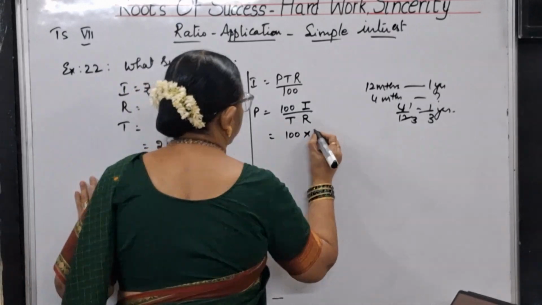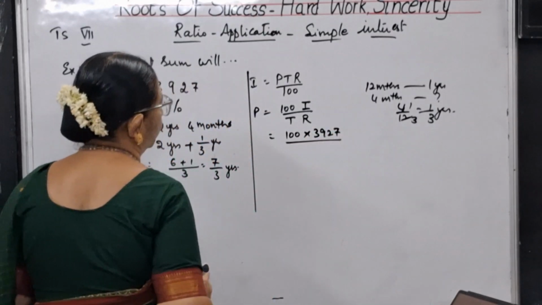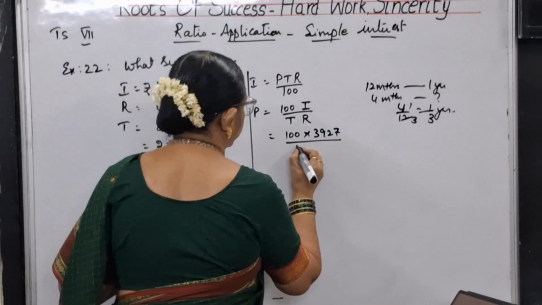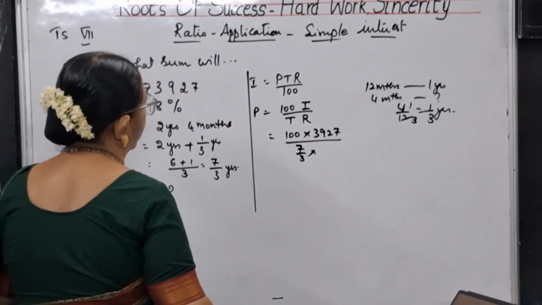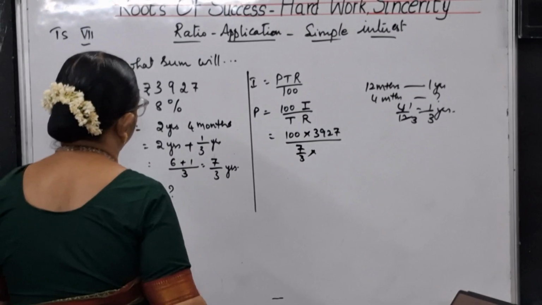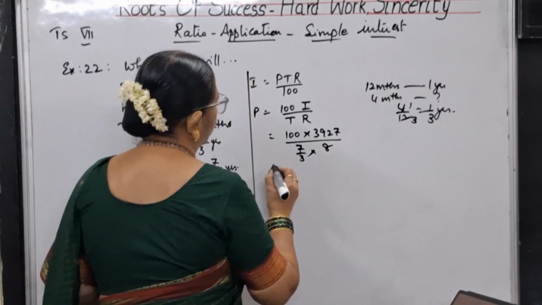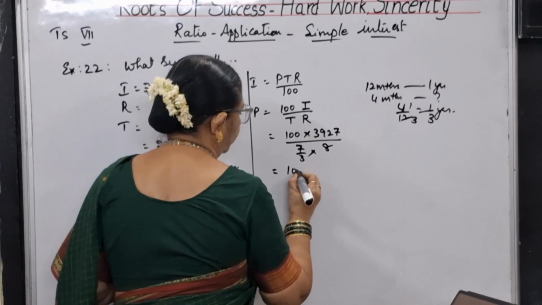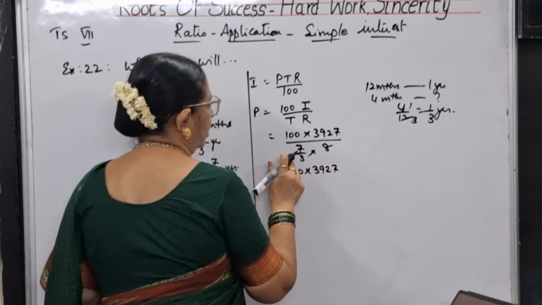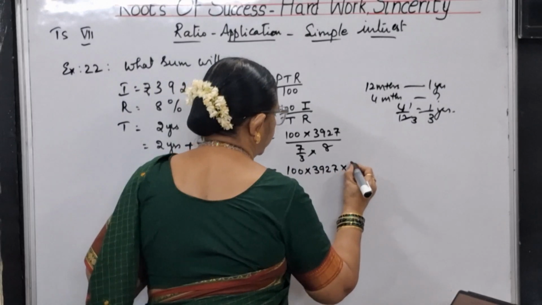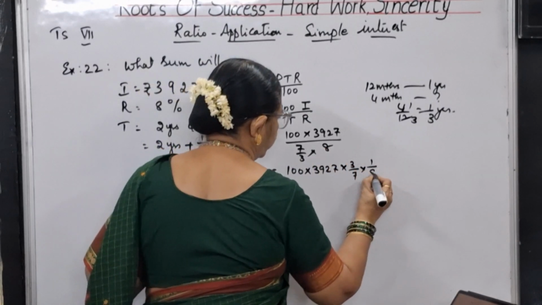I is 3927 by, what is the time? 7 by 3 into R. What is R? Rate is 8%. So how can you write this, children? 100 into 3927. You have to write the reciprocal of it. 3 by 7 into 8 becomes 1 by 8.